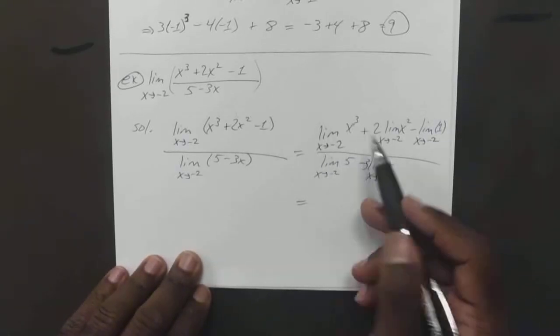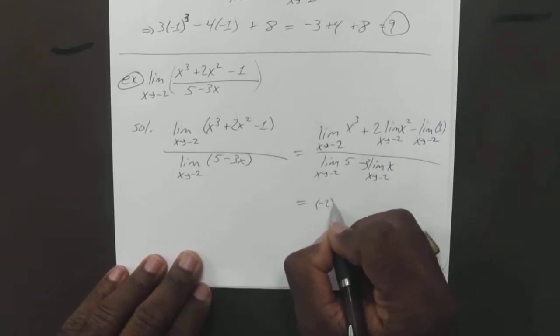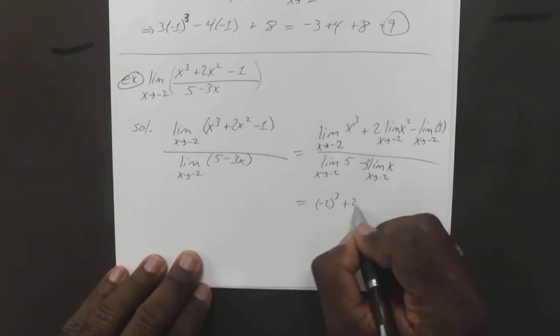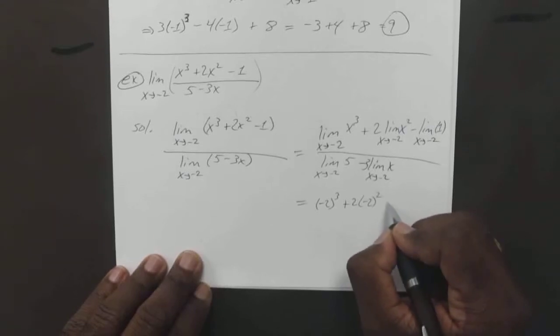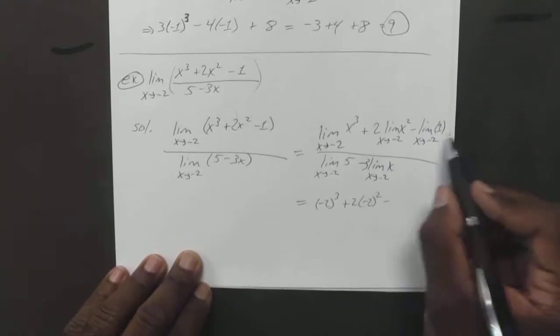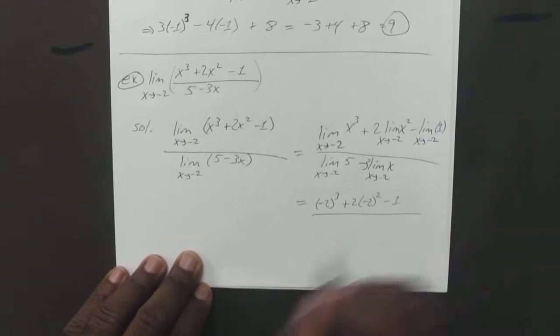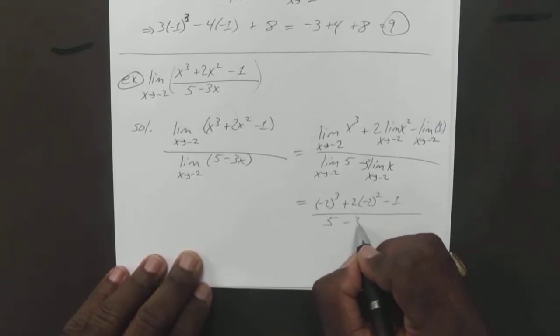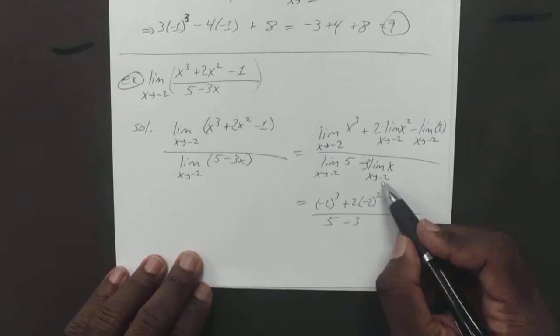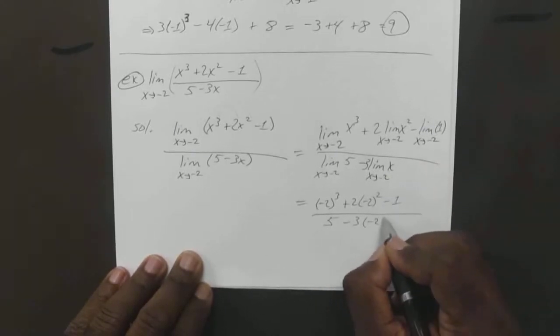If you plug this right on in here, -2 to the third plus 2 times -2 squared minus, the limit of any constant is just that constant. The limit of that constant is just that constant. Minus 3, the limit of x as x approaches -2 is -2.